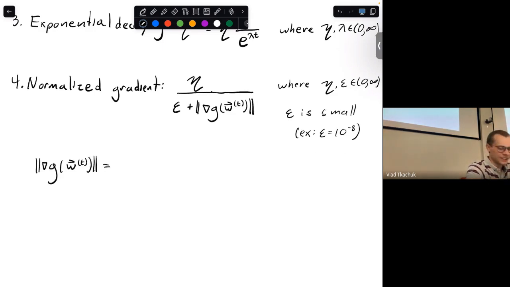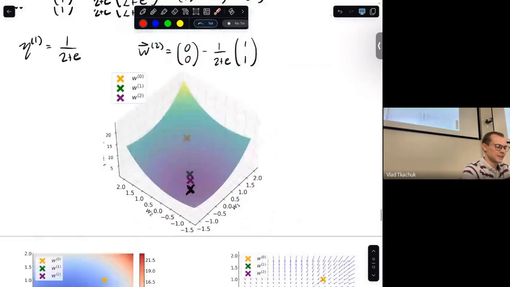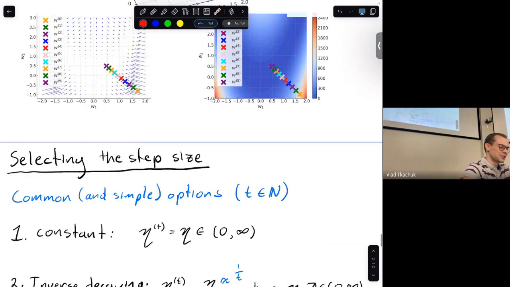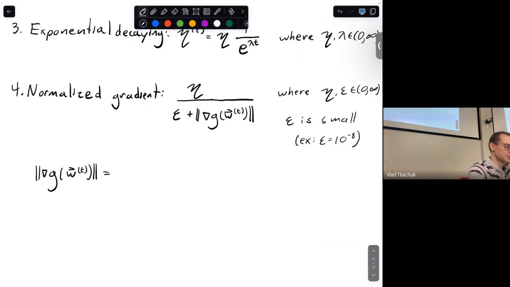What is it exactly? You remember this gradient. What does it look like? It's just a vector, and it has terms like this. If you have a vector and you want to calculate its magnitude, or its Euclidean distance or size, you take all of the components and square them.